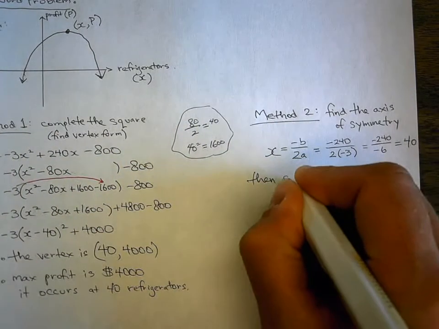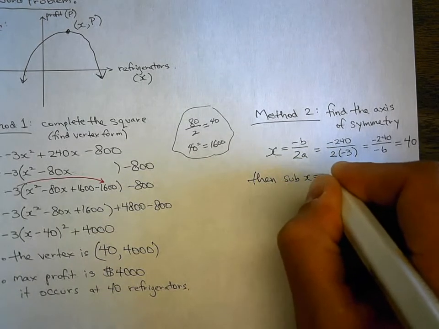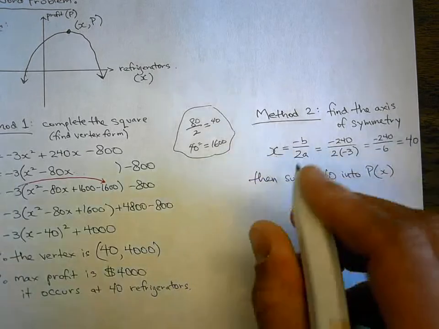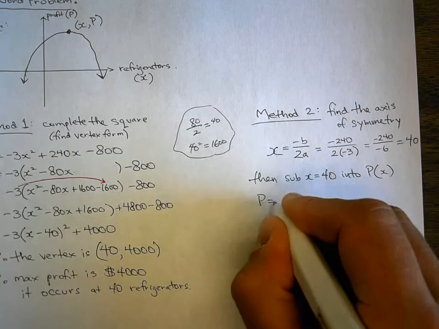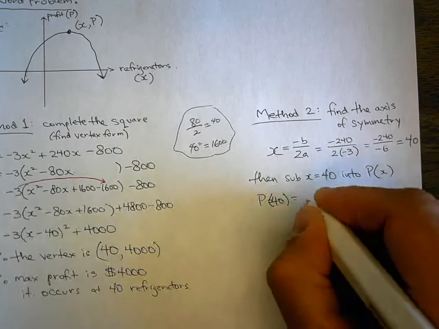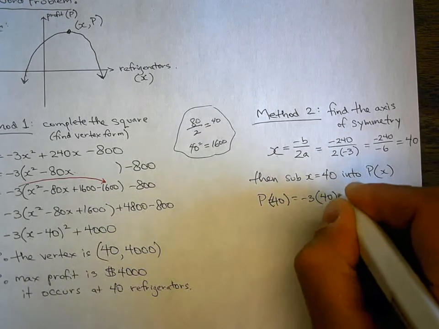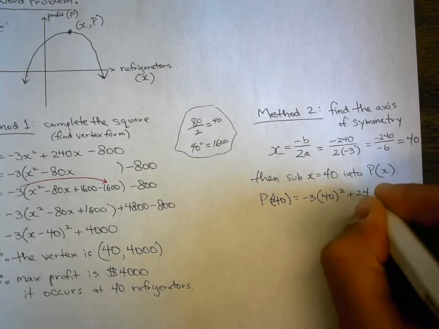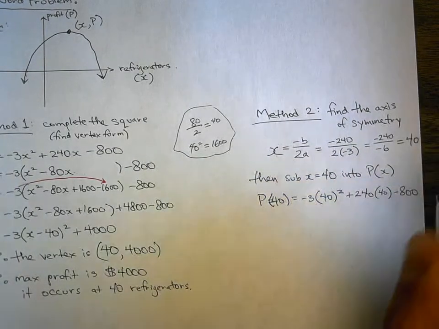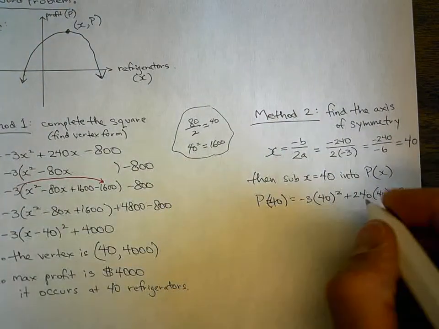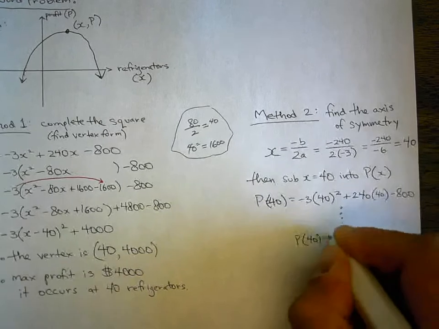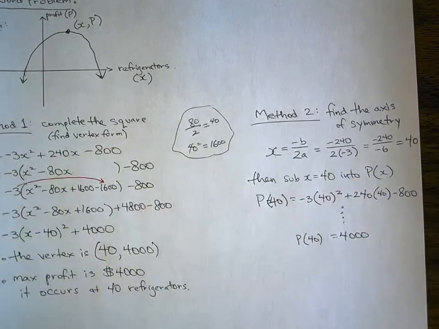So sub x equals 40 into p of x. So p of 40 is equal to negative 3 times 40 squared plus 240 times 40 minus 800. And if I do some math, I'll find that p of 40 is equal to 4,000, which is the same answer.